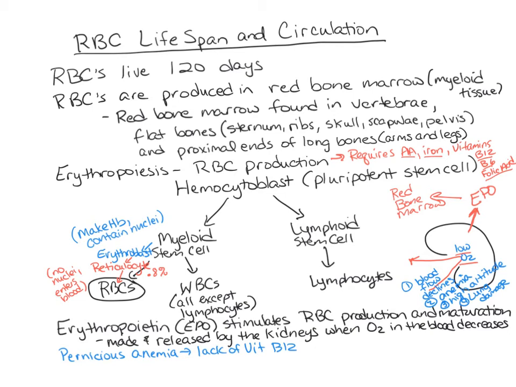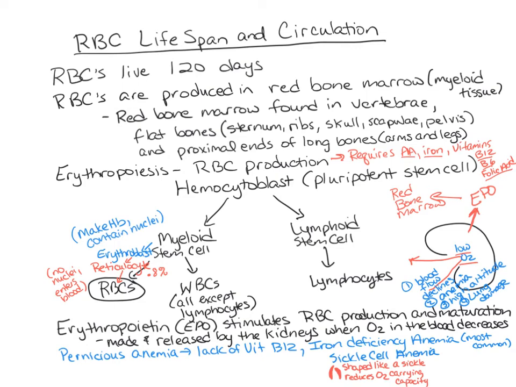Iron deficiency anemia is the most common type of anemia and is caused by a shortage of iron in your body. Another type of anemia is sickle cell anemia, where the shape of the red blood cell is distorted, which reduces its oxygen carrying capacity.